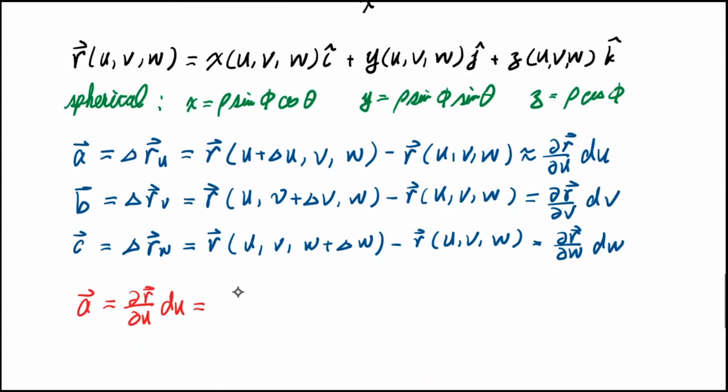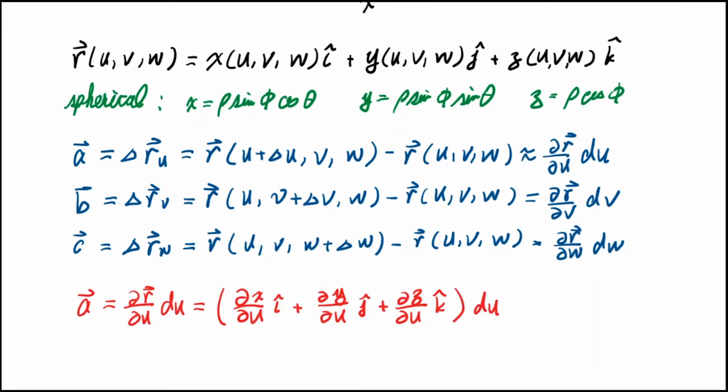So this is partial x partial u i vector plus partial y over partial u j vector and partial z over partial u k vector, correct? And then times du. You see, because r is made of x, y, and z, so you're just taking partial derivatives of all three of them. Good? With me?